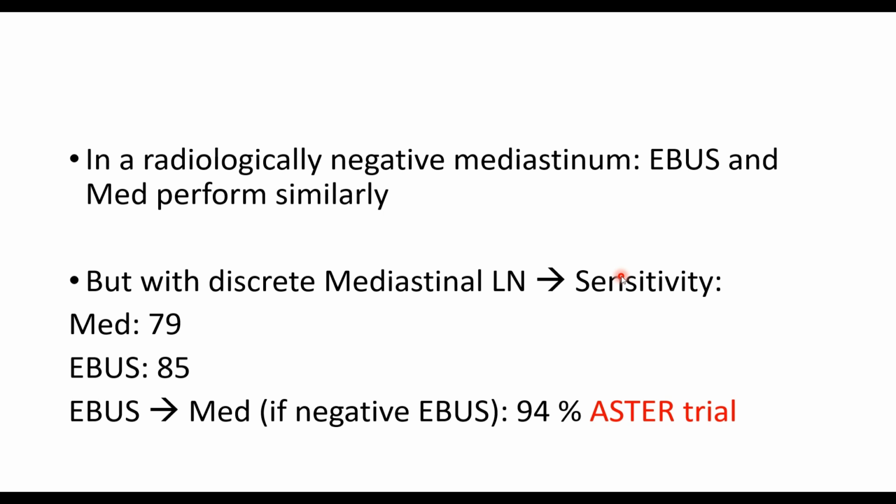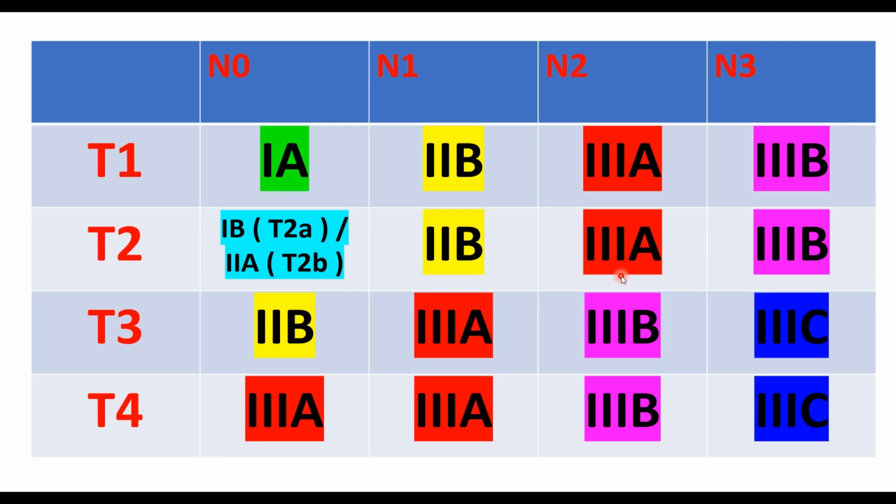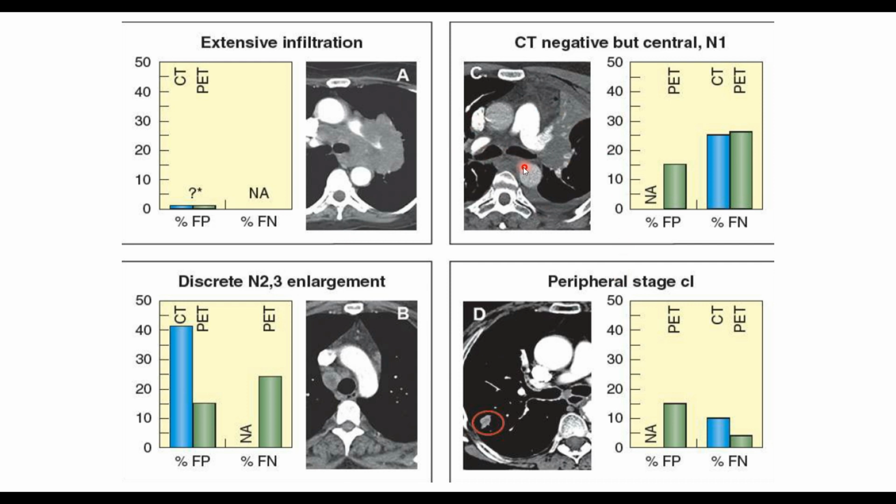So the advantage of doing EBUS is to avoid mediastinoscopy in all patients. For example, in the same patient, if we did an EBUS and the station 4 lymph node was metastatic, straight away this patient becomes N2. Let's say it's a T1 or T2 disease, and station 4R was sampled and it is positive.